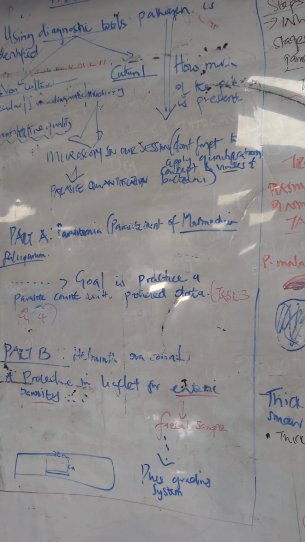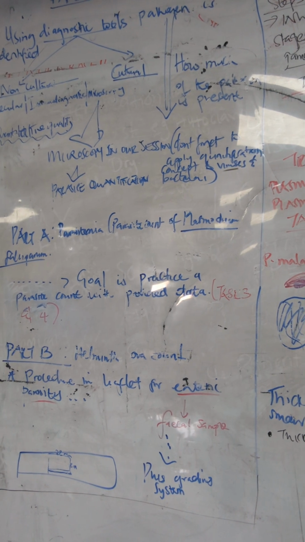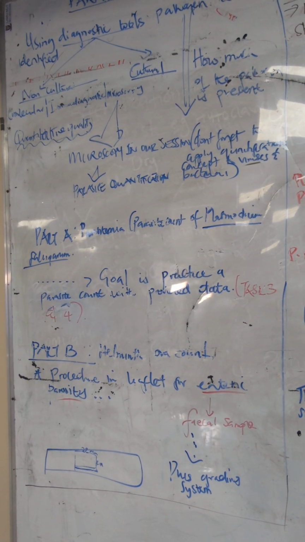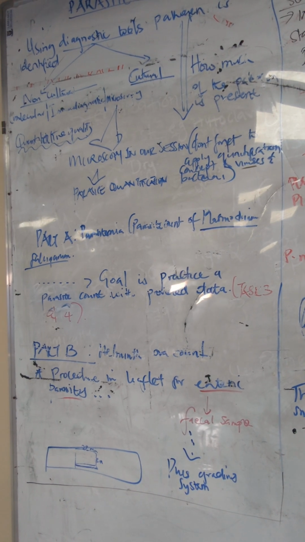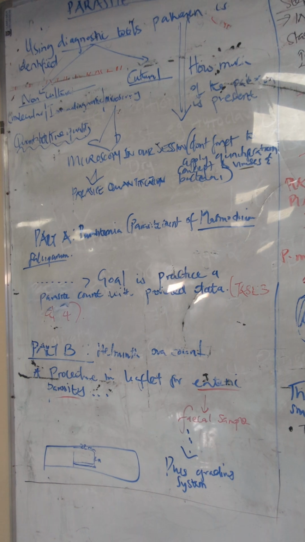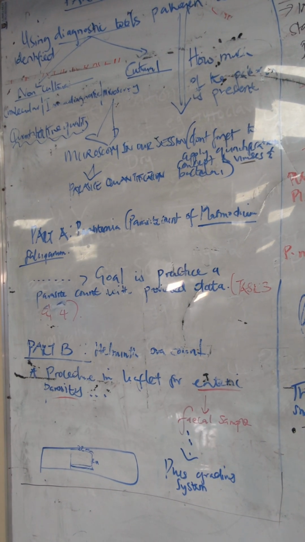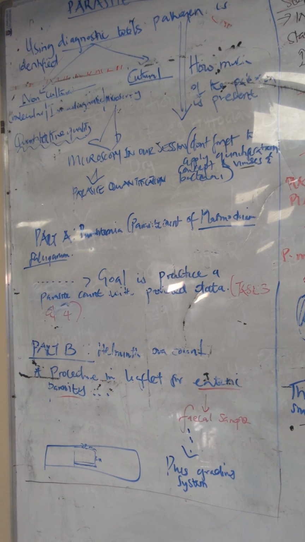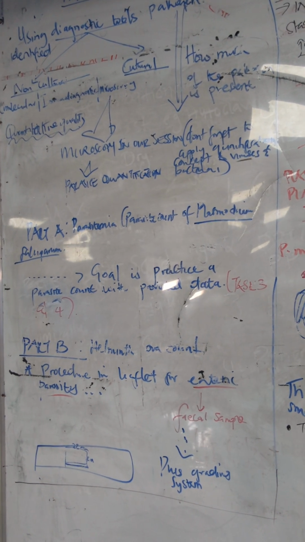So basically, what our session is about now is using microscopy, which has a quantitative quality, to appreciate, in our session, parasite quantification. But the whole topic is about quantifying pathogens. So please don't disregard the quantification of bacteria, the quantification of viruses.